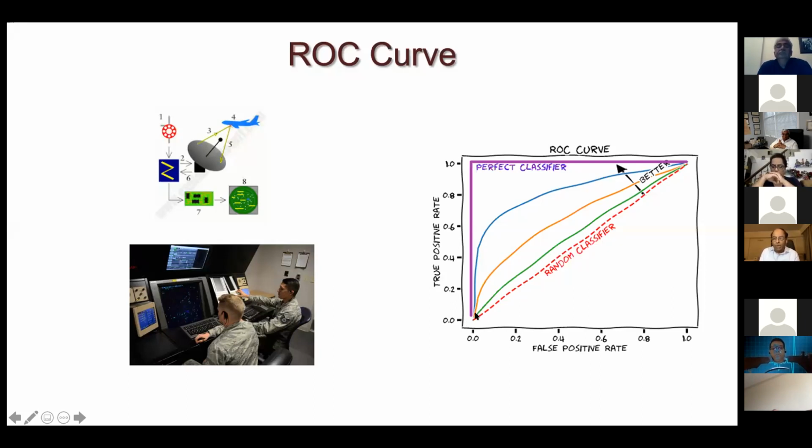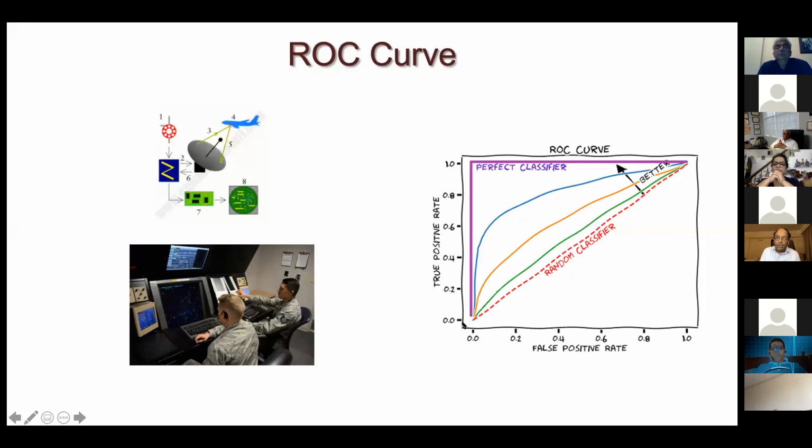What you want is something like this: the area under the curve should be more and more. For example, with the blue line, the sensitivity keeps rising without any rise in the false positives up to this point, and then the false positives start rising.